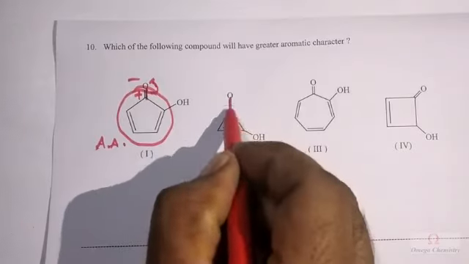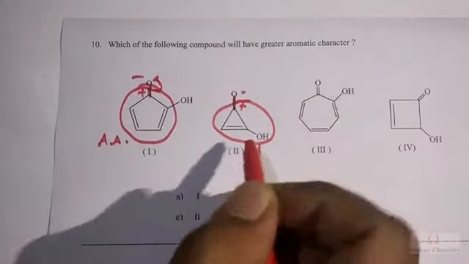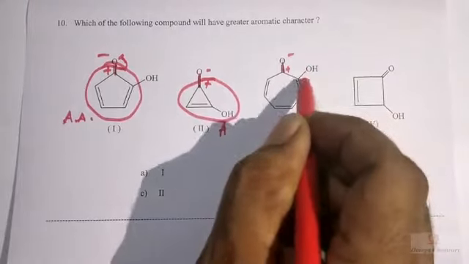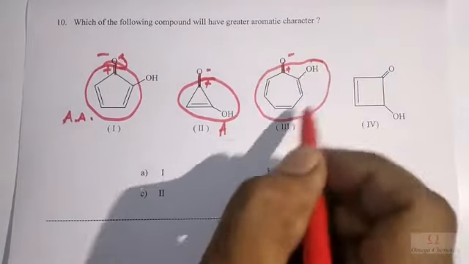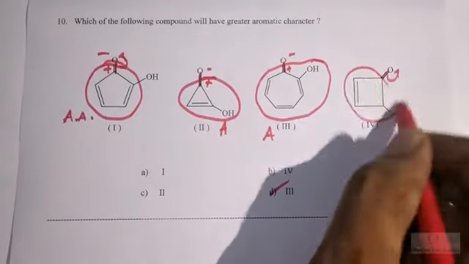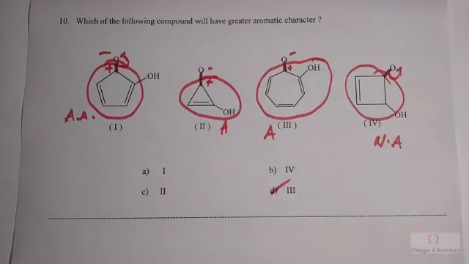Whereas this compound will become aromatic, and so is this compound, negative and positive. Again this part will become aromatic, whereas here it is already non-aromatic, and it will remain non-aromatic only.